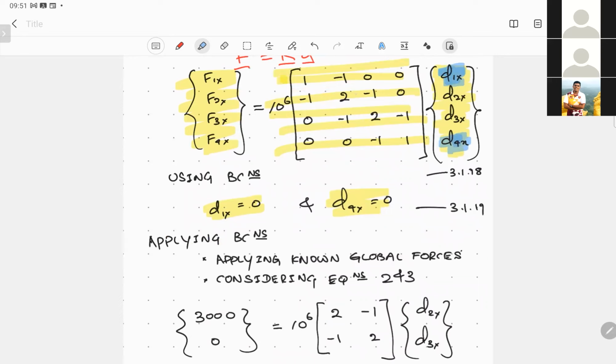So we can simply extract a sub matrix of this total stiffness matrix, total global stiffness matrix, and apply the boundary conditions. We can extract this sub matrix because it corresponds to non-zero displacements here, which is of course related by f2x and f3x.